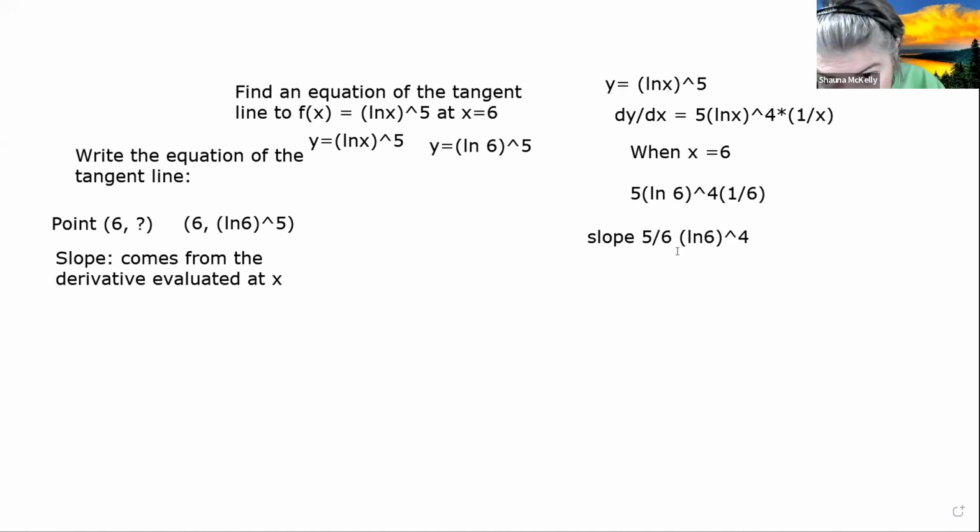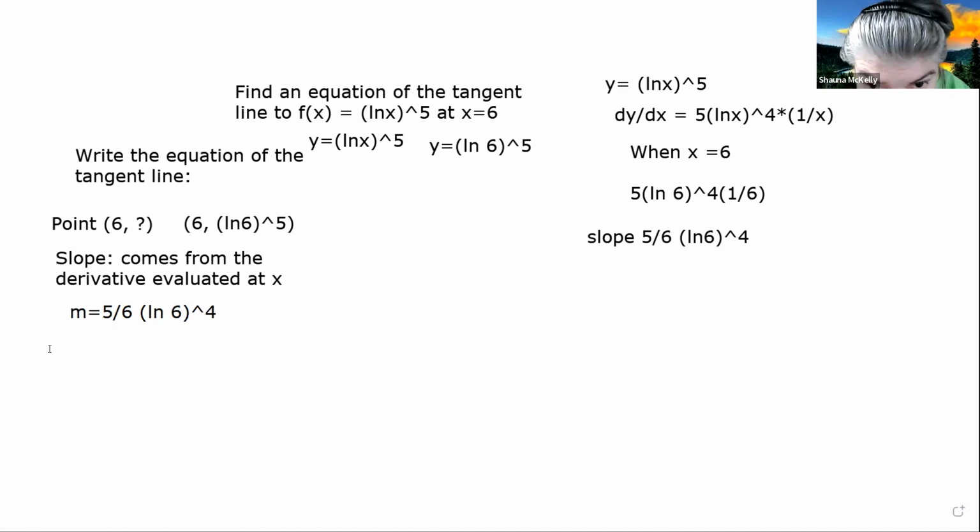And that's where I made the mistake. But this is the correct slope. So now my slope, m, is equal to 5/6 ln 6 to the 4th power.